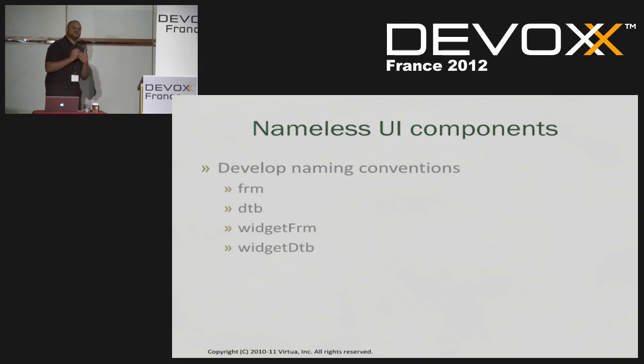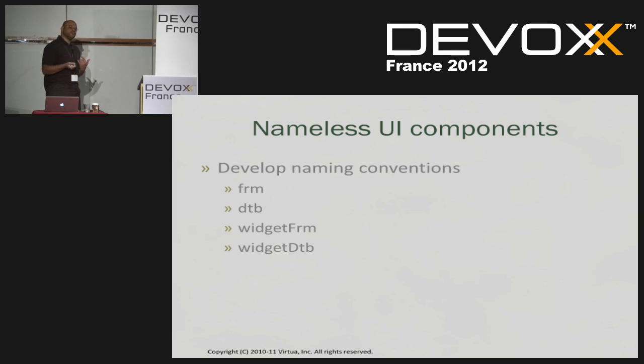Long IDs can contribute to page bloat, essentially. So if you have a data table with 50 rows displayed, and your data table is called my big long data table, then my big long data table is going to be in the ID of every single component inside of that data table over and over again. And that can drastically increase the size of your page.